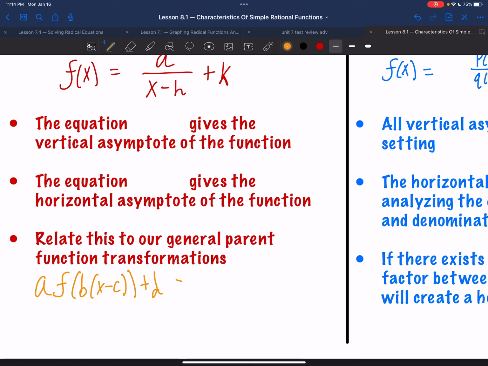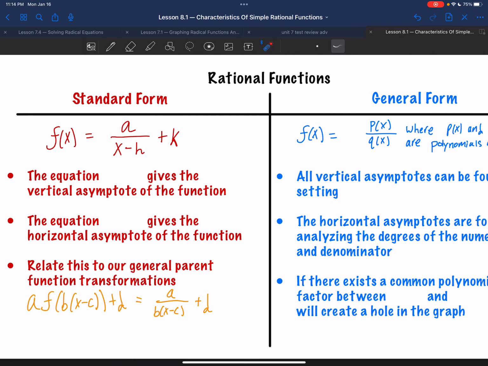That equals, if your parent function is 1 over x, then it's a over b times x minus c plus d. And so you can kind of see the similarity here and here, right?